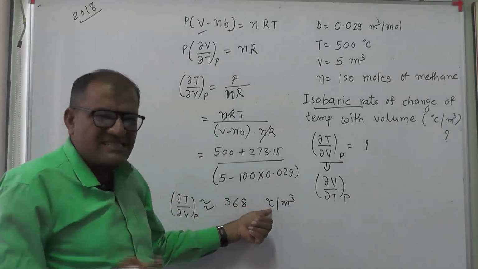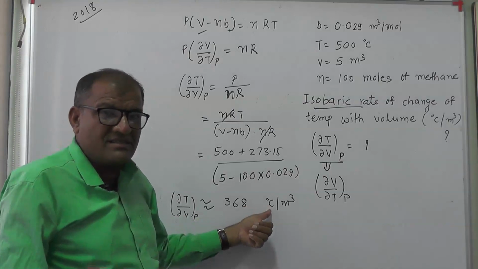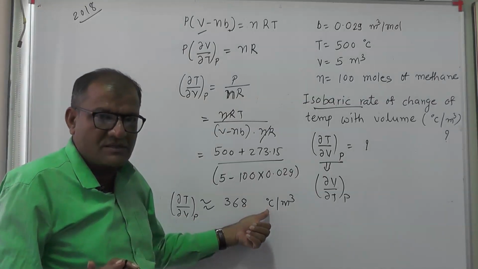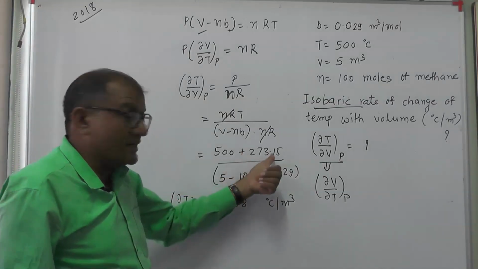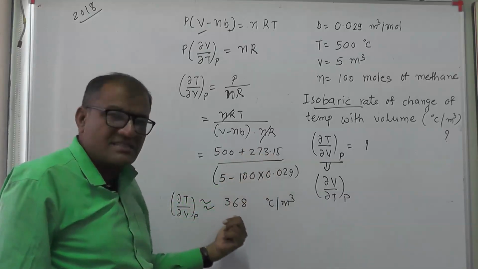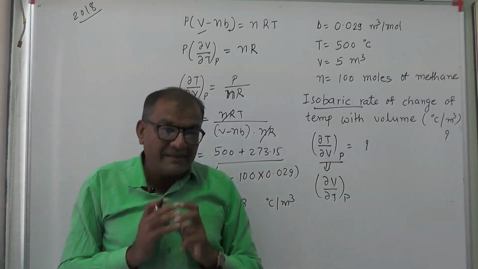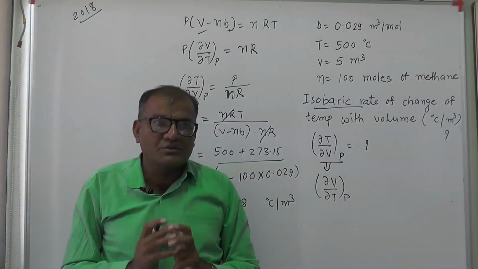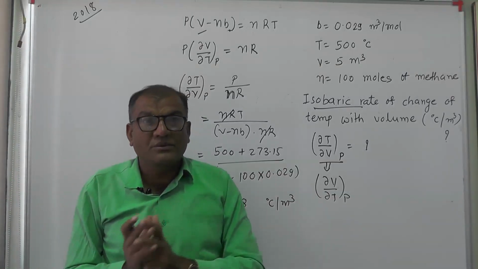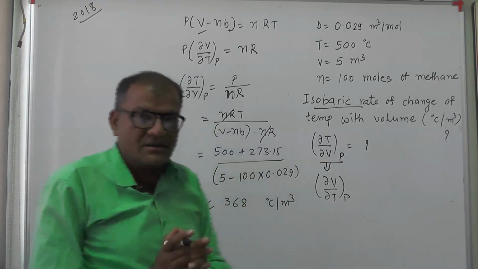The change in temperature in Celsius or Kelvin has no difference, means we have taken Kelvin, but when we are calculating the change, both are same. But when you put the absolute value of temperature, you should always use the unit Kelvin, not Celsius.